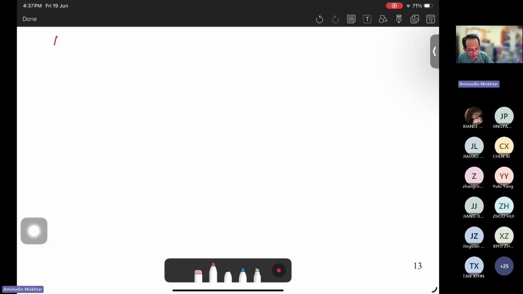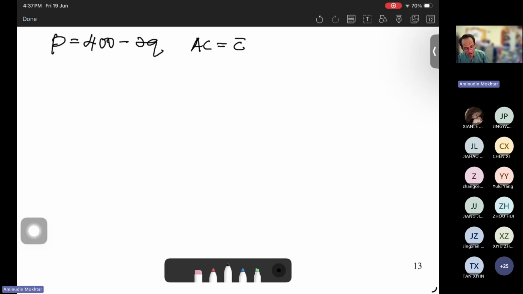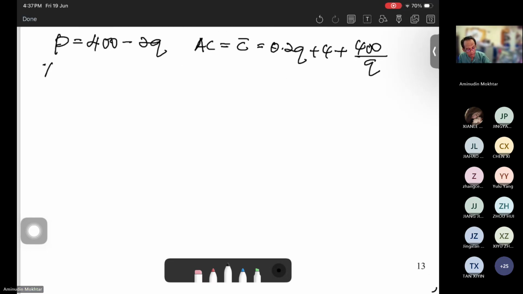Let's say given the demand function, P equal to 400 minus 2Q, and also given the average cost, AC, equal to 0.2Q plus 4 plus 400 divided by Q. So we have a demand function here, and this is an average cost.